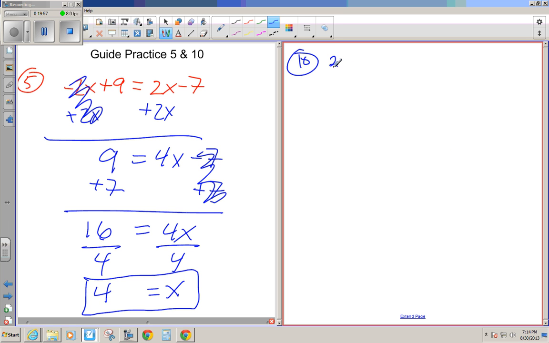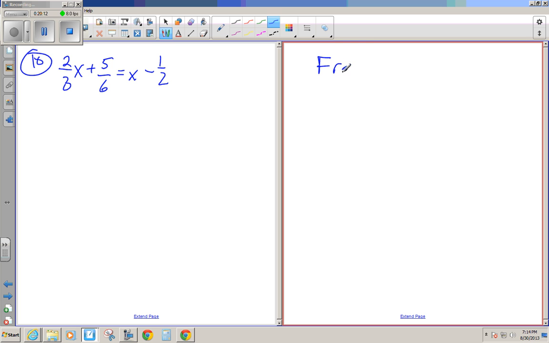Uh-oh. Fractions. 2/3 x plus 5/6 is x minus 1/2. Now, I'm going to tell you a fraction trick. I do not like fractions. All right, I don't like them. So I know a trick to get rid of fractions so that at least it's not as scary.